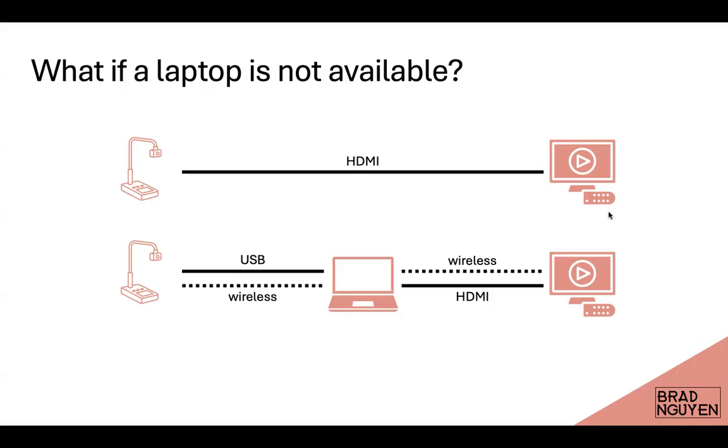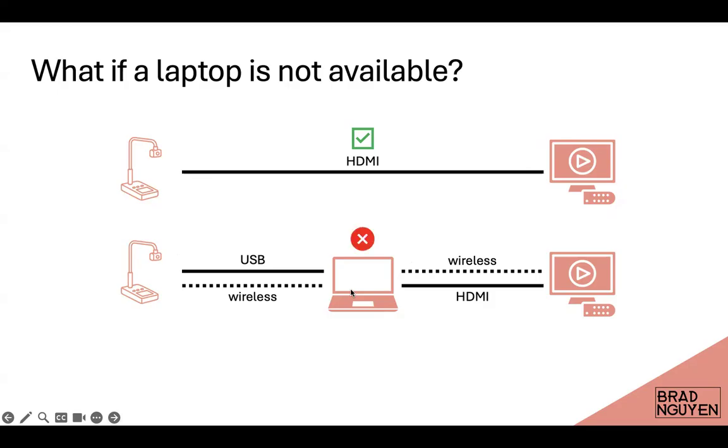If they don't have a laptop, they can still use the visualizer that is connected via HDMI, no problem, right? But if they need to have a visualizer that connects via USB to a computer, suddenly you can't use it anymore. Okay, so not only do they not have a laptop, but they also can't use the visualizer.